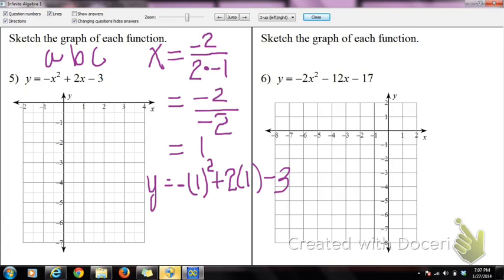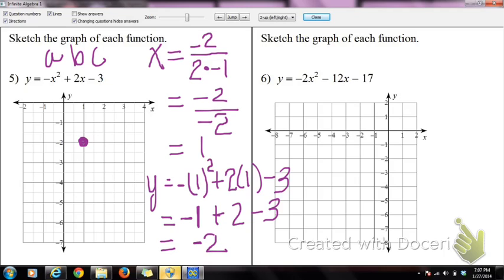So it's negative and the 1 is squared. That leaves us with the negative sign remaining. 1 squared is 1, plus 2, minus 3. When you do all that, you end up getting a +1 minus 3, which is a -2. So our vertex is at 1, -2.